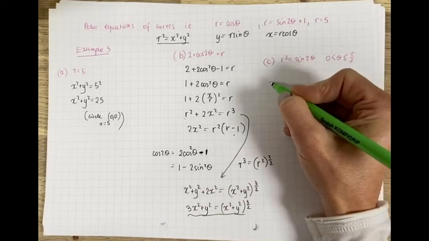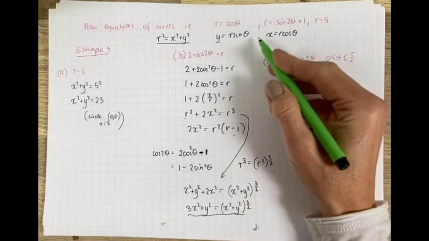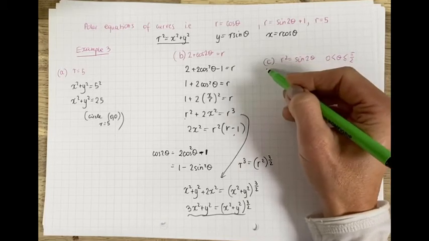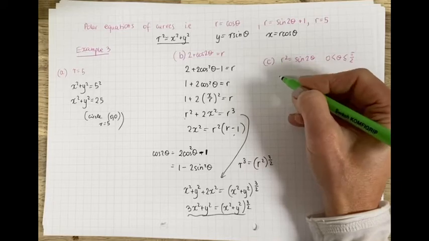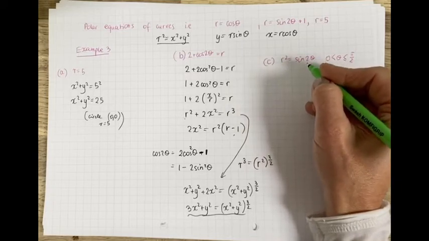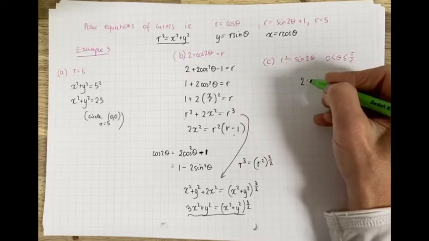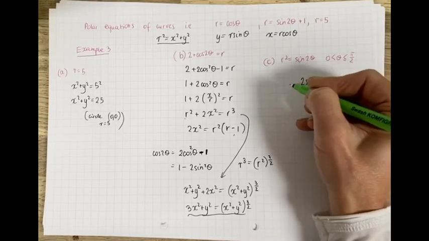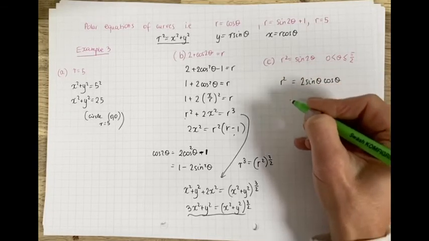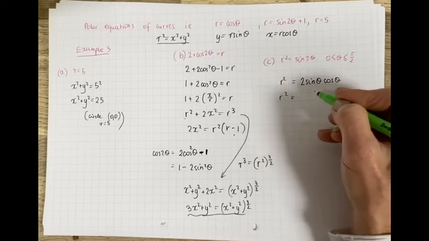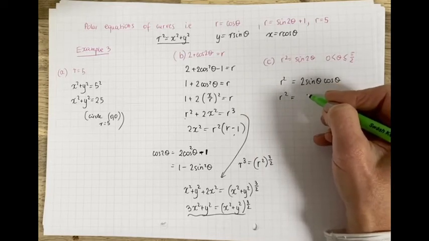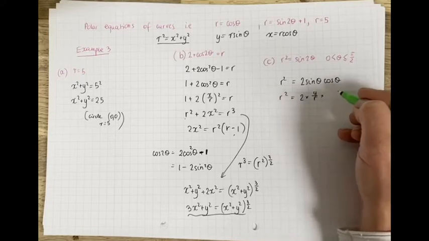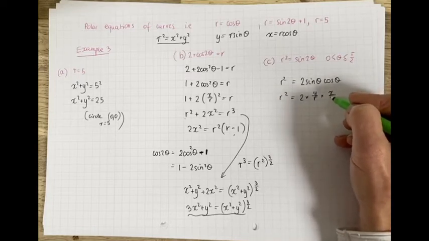Okay, so for this one over here, r squared can directly be replaced with x squared plus y squared, but sine 2 theta is definitely 2 sine theta cos theta. So you've got r squared is equal, now sine theta you could replace with y over r, and cos theta with x over r.